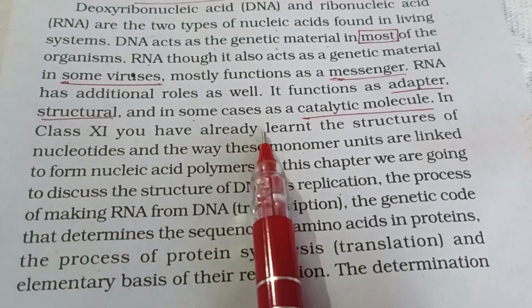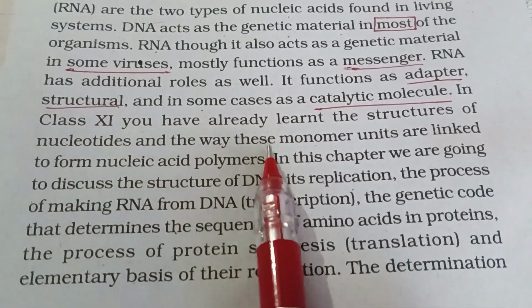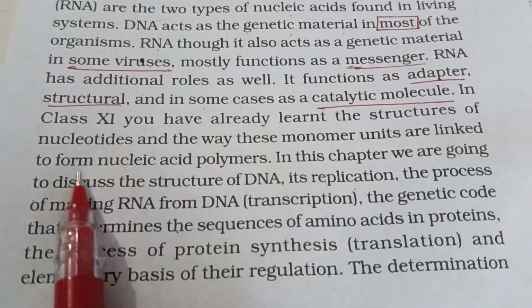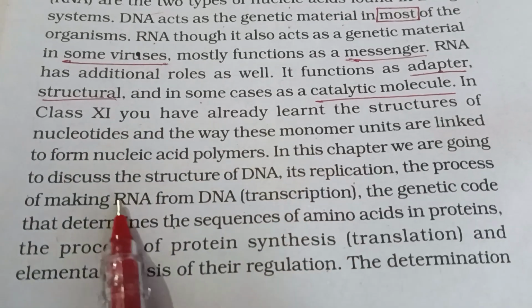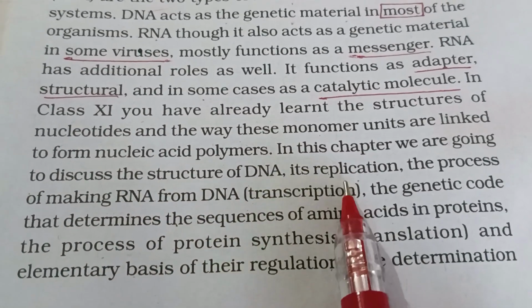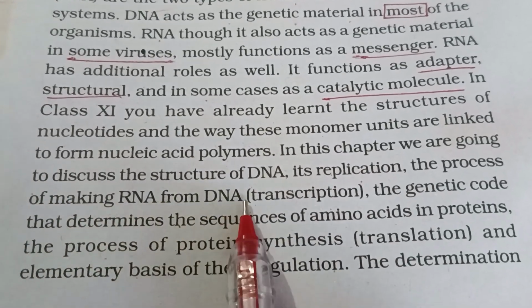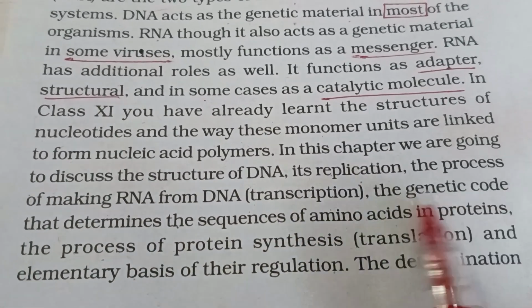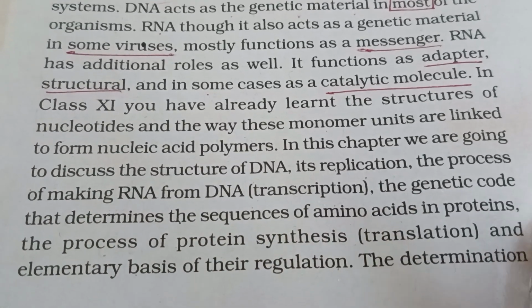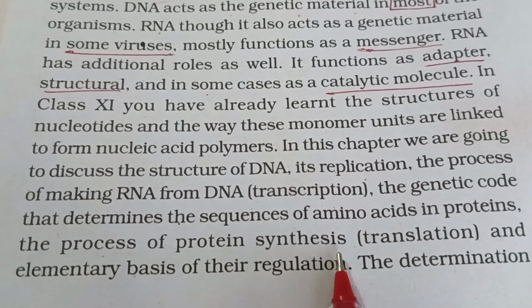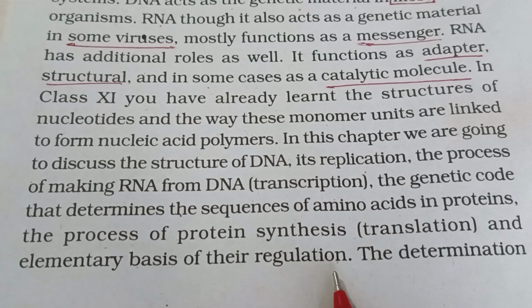In class 11 you have already learned the structures of nucleotides and the way these monomer units are linked to form the nucleic acid polymers. In this chapter we are going to discuss the structure of DNA, its replication, the process of making of RNA from DNA, meaning transcription, the genetic code that determines the sequences of amino acids in proteins, the process of protein synthesis, meaning translation, and the elementary basis of their regulation.